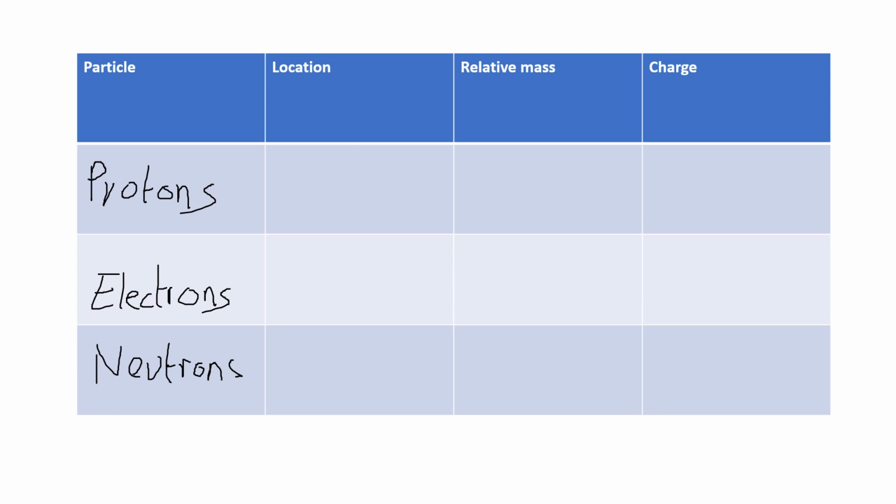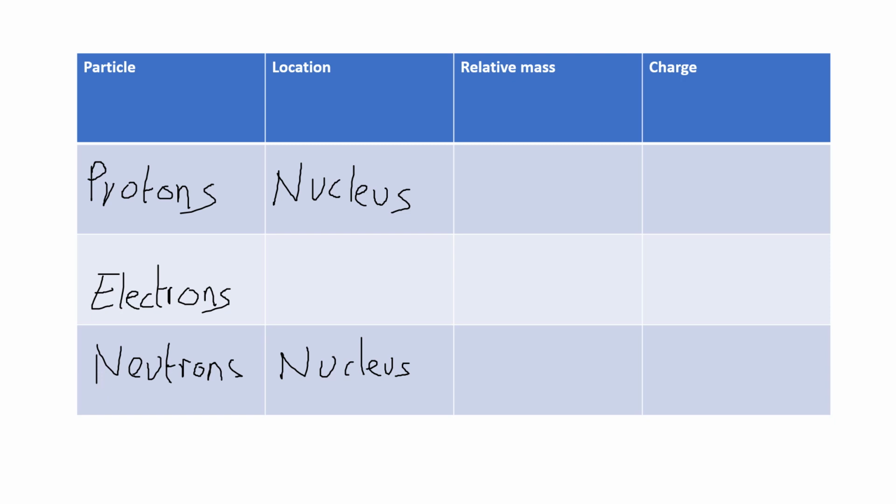Now, right in the center of the atom is the nucleus. And in the nucleus, you find the protons and the neutrons. So we've got our nucleus right in the center of the atom, and that has the protons and the neutrons.